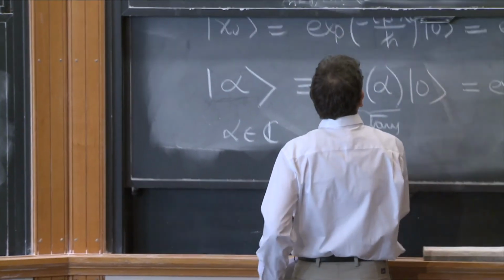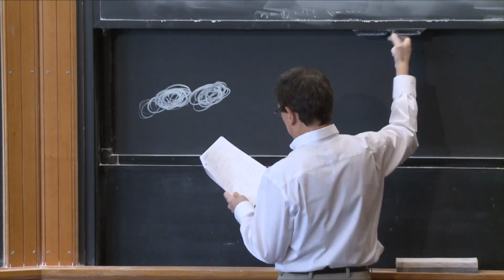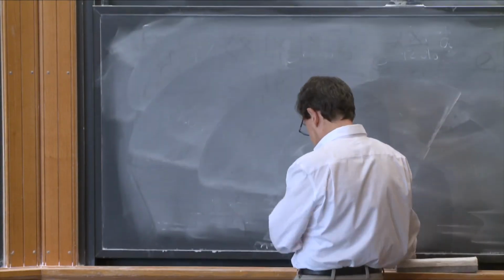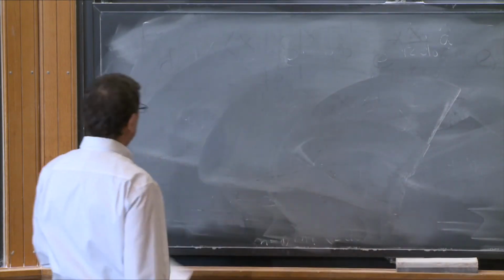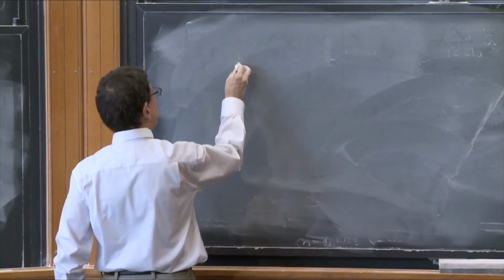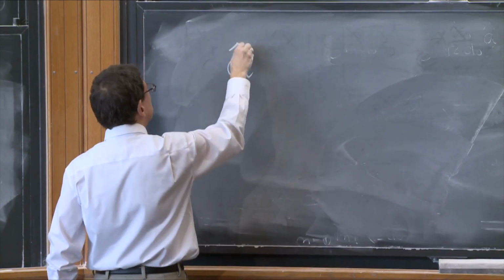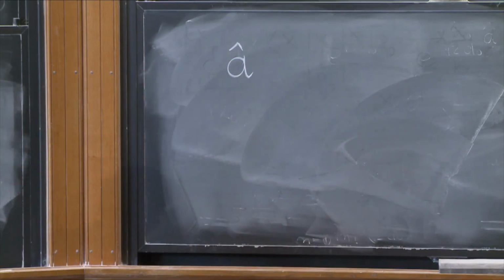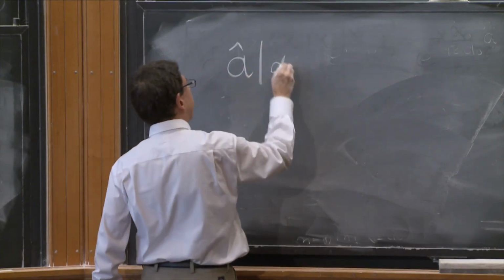So the first thing you do to figure out what this operator does is to calculate something that maybe you would not expect to be simple, but it's worth doing. What is A acting on the alpha state?